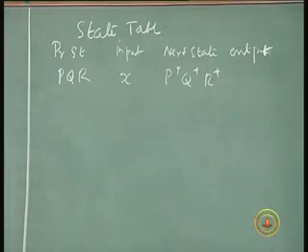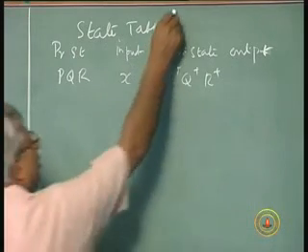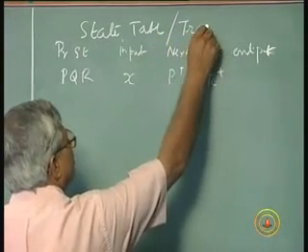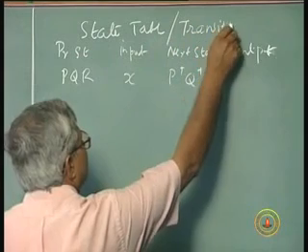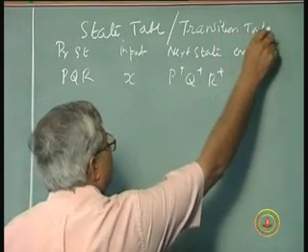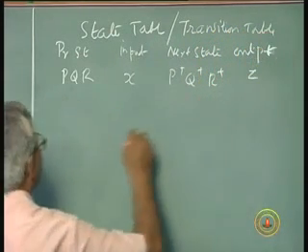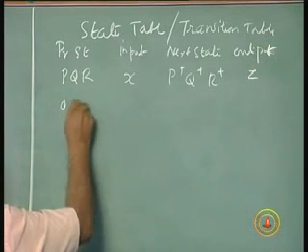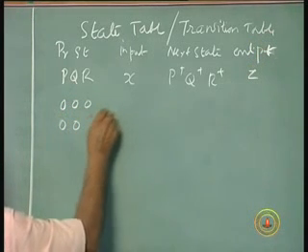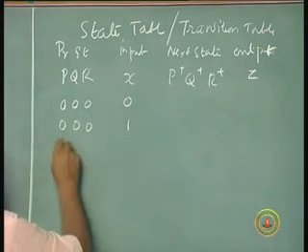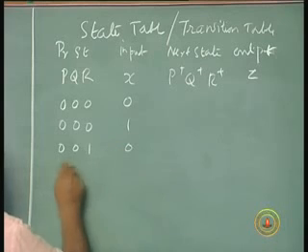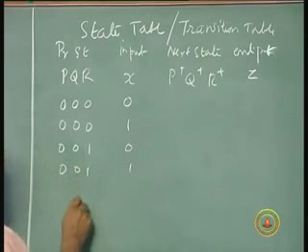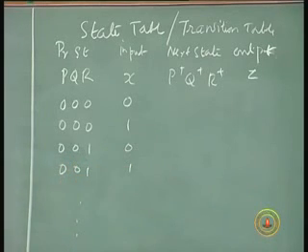So this state table is also a transition table. Output Z. So we'll have 0, 0, 0, 0, 0, 1, 0, 0, 0, 0. The last state is 1, 0, 1.